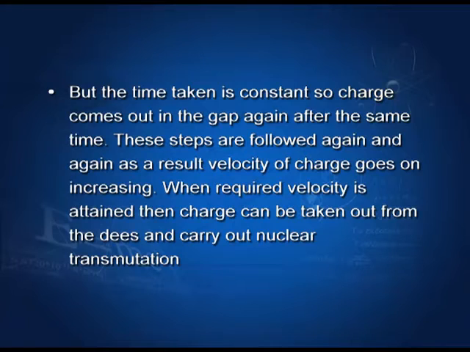But the time taken is constant, which is independent of velocity and the radius. So, the charge comes out in the gap exactly after the same time. Once again, the polarity of the Ds is reversed using the high frequency oscillator and the velocity increases. These steps are followed again and again. As a result, the velocity of the charge goes on increasing. When the required velocity is attained, the charge can be taken out from the Ds and used to carry out some nuclear transmutations.